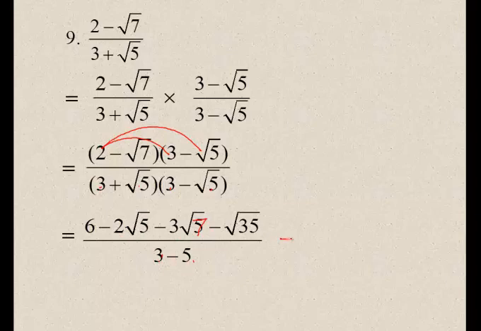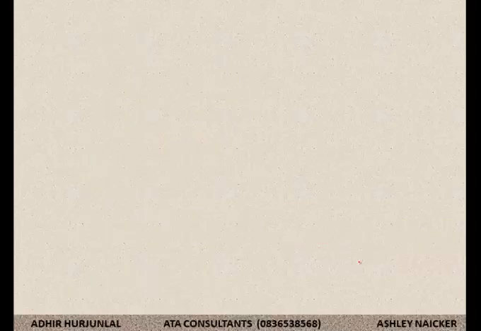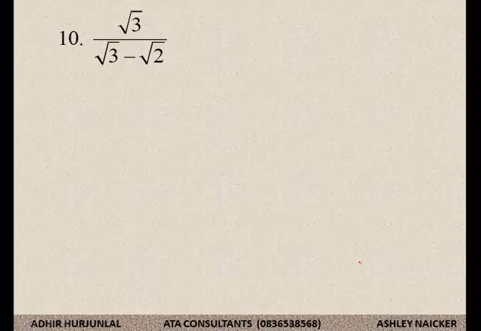So the whole answer can go further, and you can say this is equal to 6 minus 2 root 5 minus 3 root 7 minus the square root of 35, which I'm not interested in so far because I simply was asked to rationalize the denominator, and this is divided by minus 2, and that can be your final answer. Ignore that answer. Let's go on to number 10.